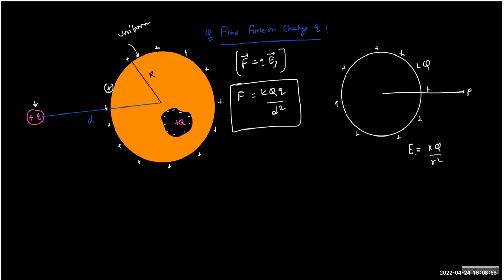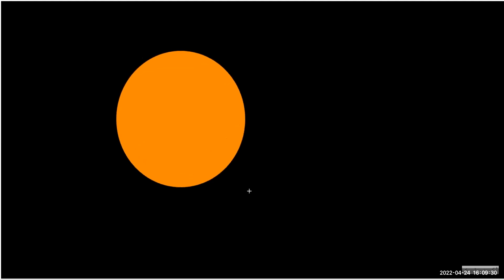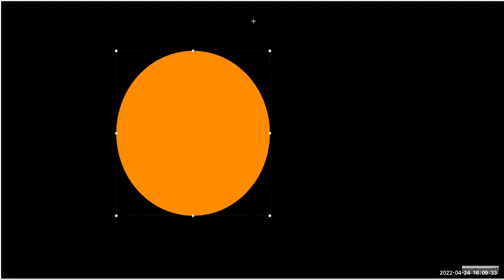Okay. So if I ask you something, you can solve many questions from here. This is a very famous question again. Let's say we have a conductor which is spherical and the cavity is also spherical.